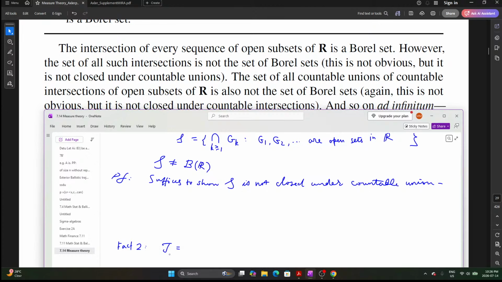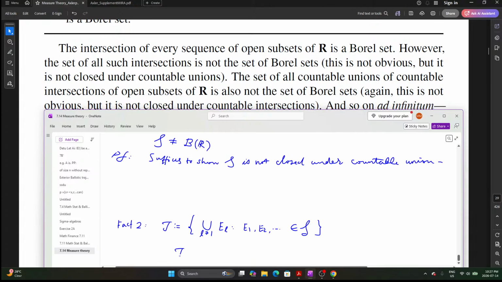Call it T. T is defined as the countable union of countable intersections of open sets, that's just S. So the union over L greater or equal to 1 of E_L, where E_1, E_2, and so on are in S, scripted S, above.